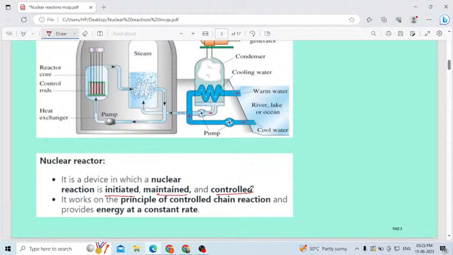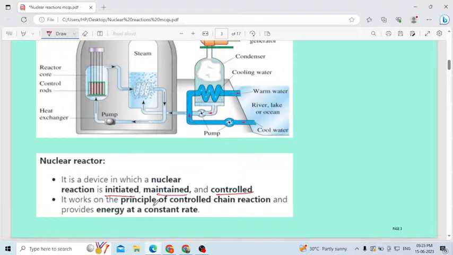What is the use of a nuclear reactor? Then we can maintain the nuclear reactions, even control them. That device we consider as a nuclear reactor.